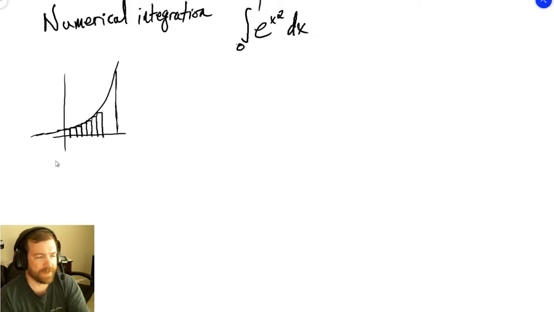This is something that we've looked at in Calc 1, so generally speaking, you're not going to be sticking with this 100% in Calc 2.